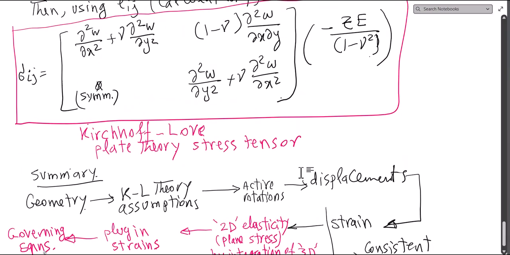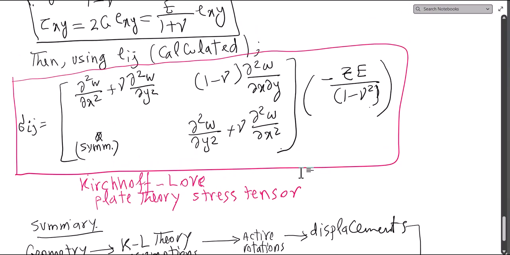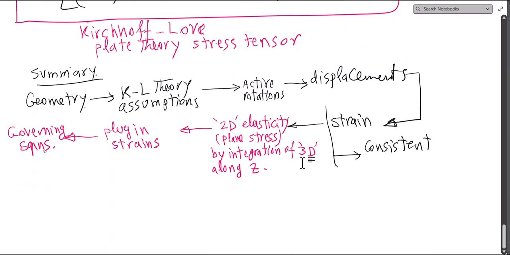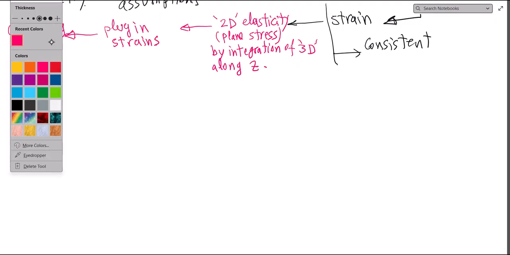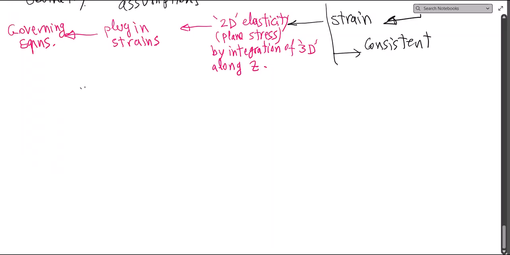So we want to get the governing equation. This is a quick review of what we have done so far. Now we would like to get to the equilibrium equation.